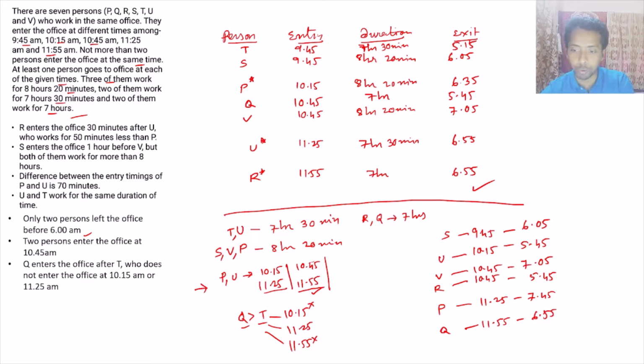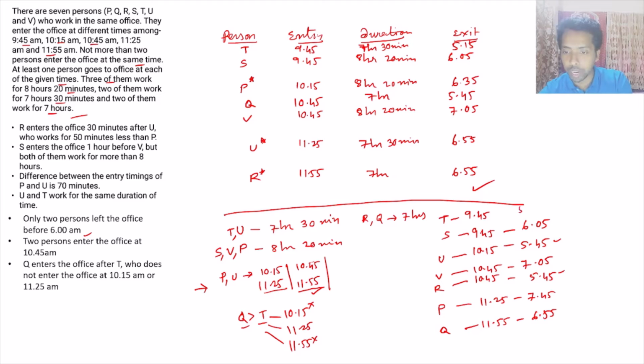Now check one thing. Only two persons left the office before 6 a.m., right? Let's check whether T left the office before 6 a.m. or after 6 a.m. Now T can't be 11:25. T can't be 10:15. 10:45 is already occupied. That means T's timing is only 9:45. Right, 9:45 with 7 hours 30 minutes gives 5:15.